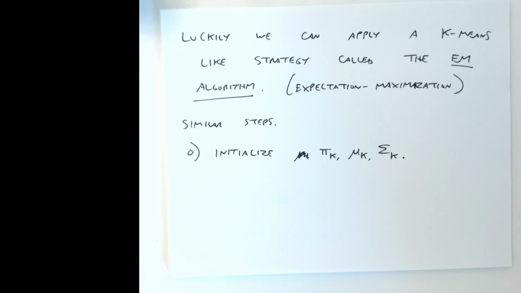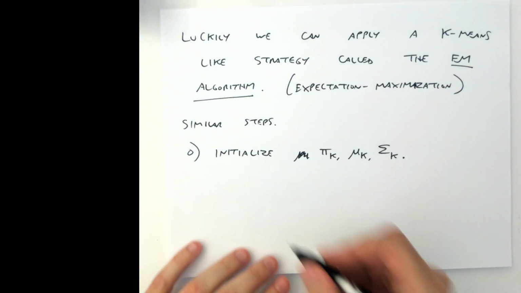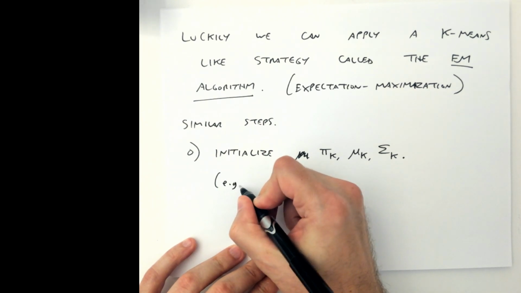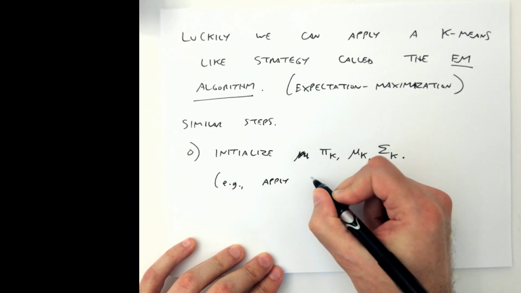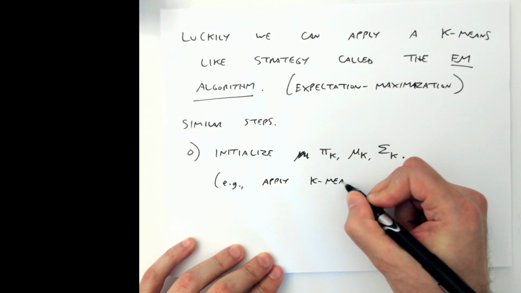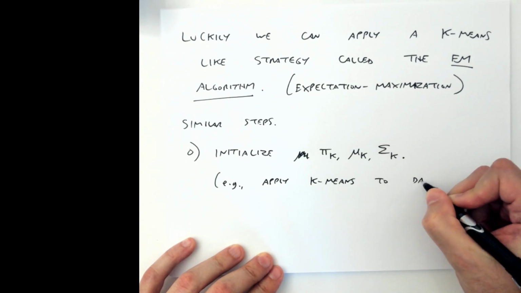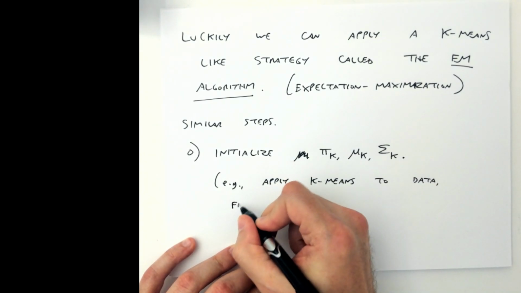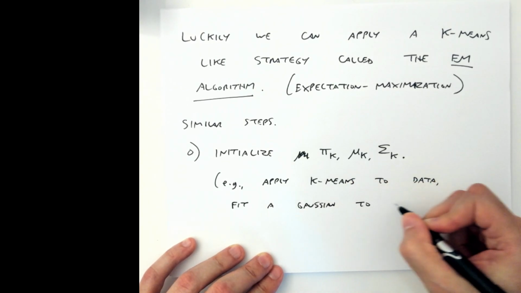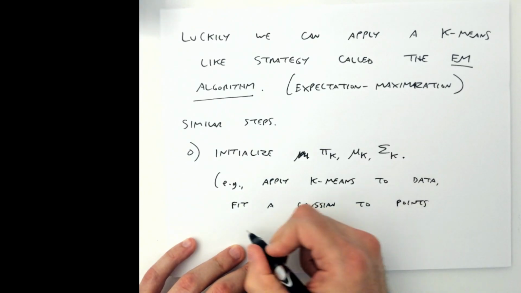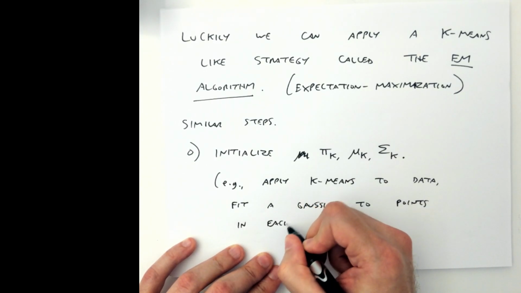Then once I've got the memberships, I fit a Gaussian to the points in each cluster.